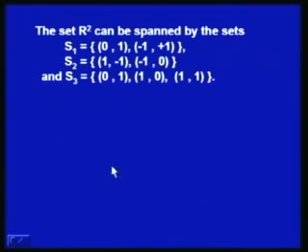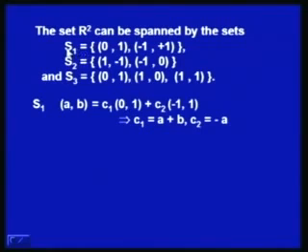Now I consider that the set R2 can be spanned by the sets S1 consisting of two vectors, S2 as another two vectors, and S3 consisting of three vectors 0 1, 1 0, 1 comma 1. This can be easily verified.